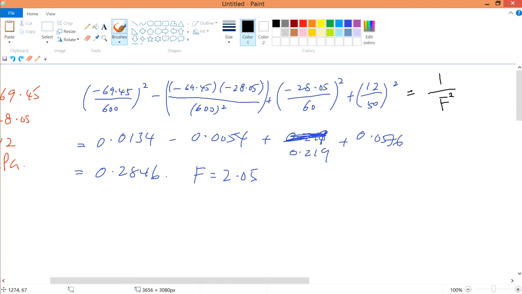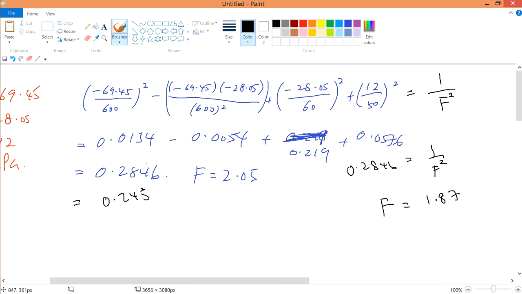From the lecturer's equation, their value is actually 0.245, and the most important thing is that it must be equal to 1 over f squared. This is the factor. So for our case, if you calculate for this, 0.28 is equal to this thing, so the factor for our case is 1.87.